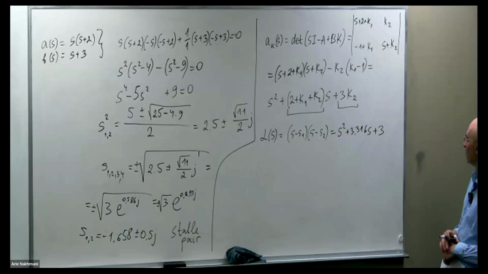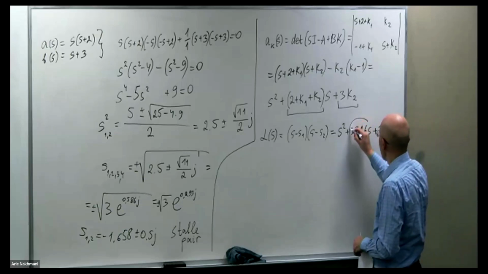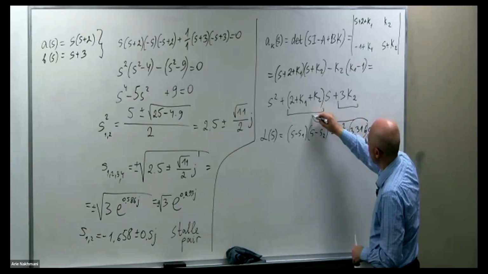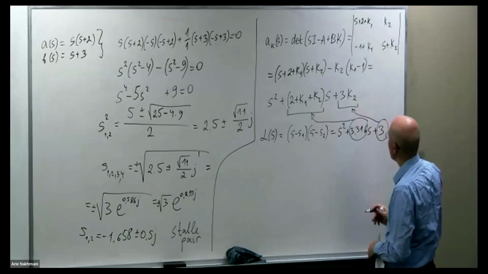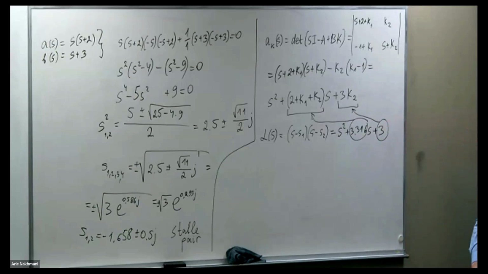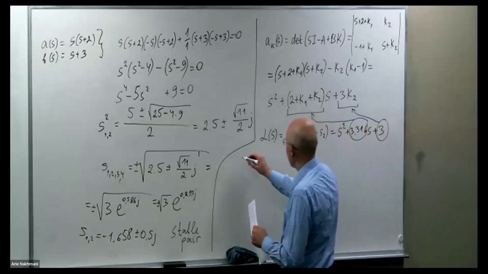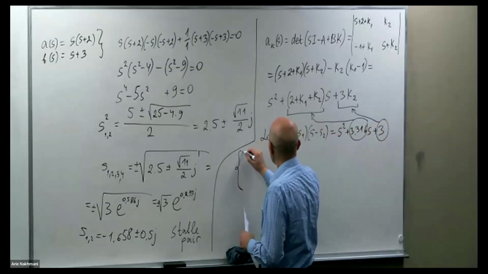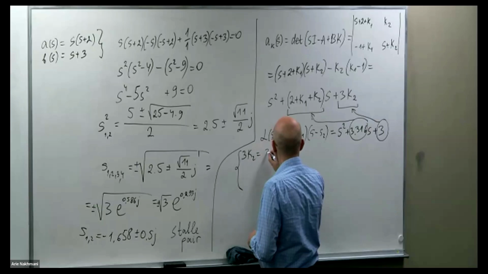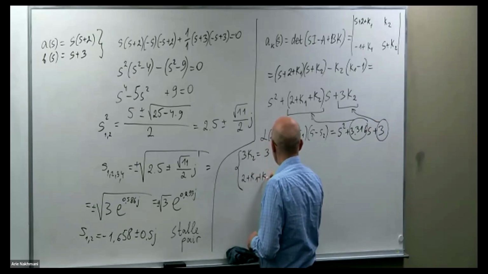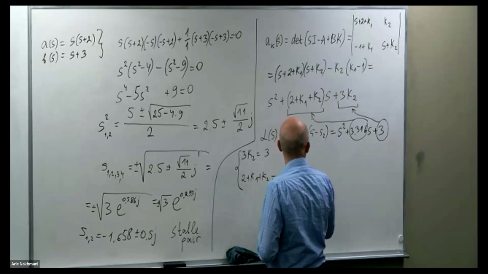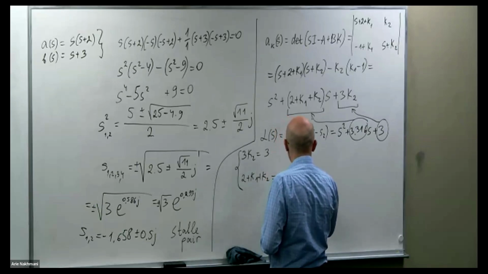Okay. So now this number needs to be equal to that thing, and this number should be equal to that thing. So you can clearly already see that K2 equals 1. We have the system of equations where 3K2 equals 3, and 2 plus K1 plus K2 equals 3.316.